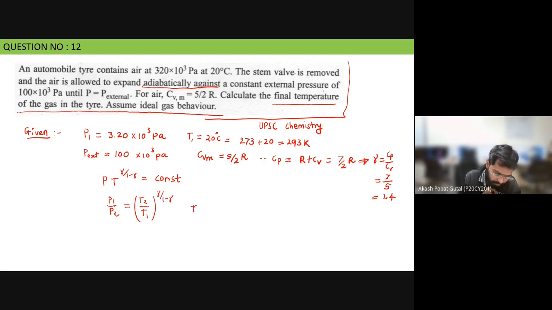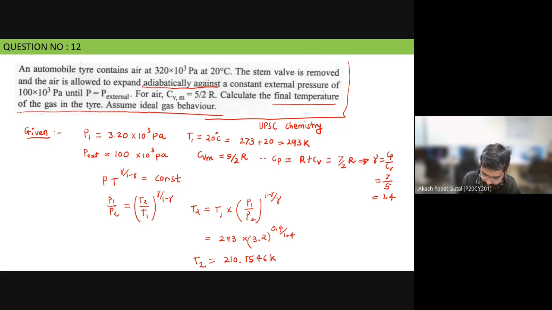So what we will get, T2 is equal to T1 cross P1 by P2 raised to 1 minus gamma upon gamma, which is nothing but 293 cross 3.2 into 10 raised to 3 by 110 into 10 raised to 3, raised to 0.4 divided by gamma, which is 1.4. If you calculate it, you will get T2 is equal to 210.1546 Kelvin.